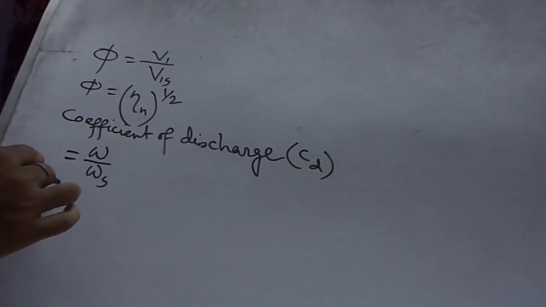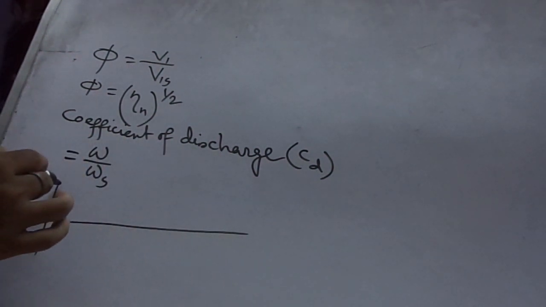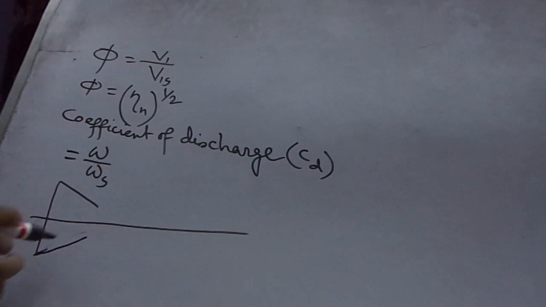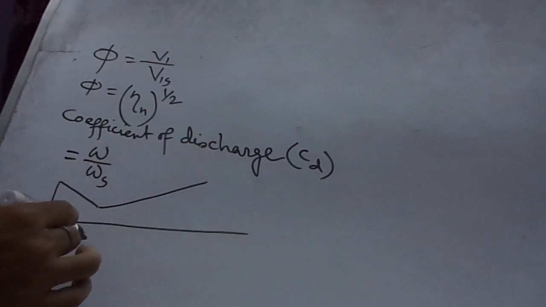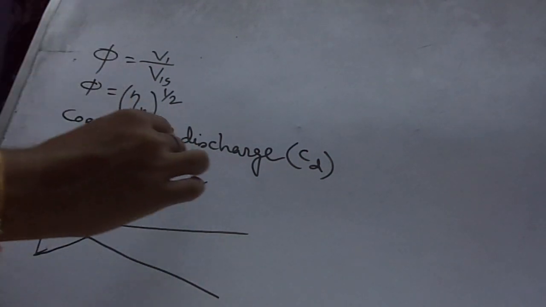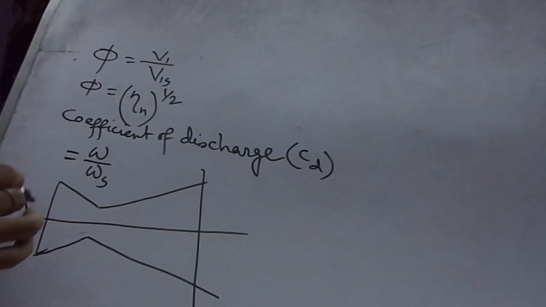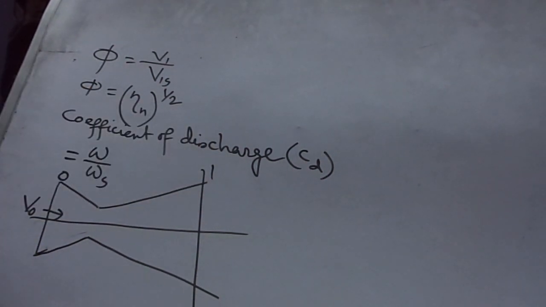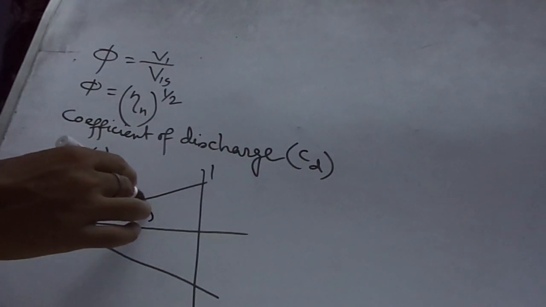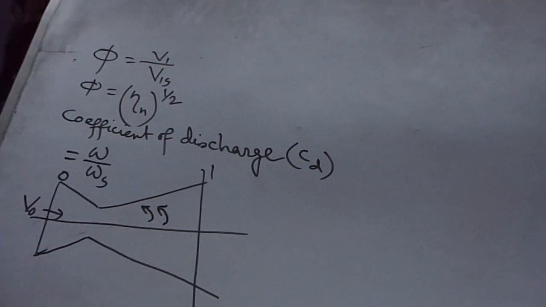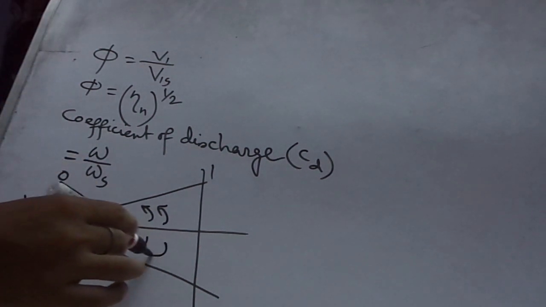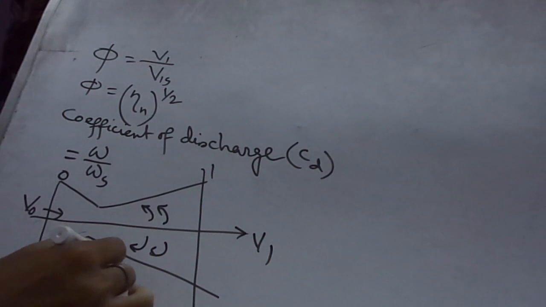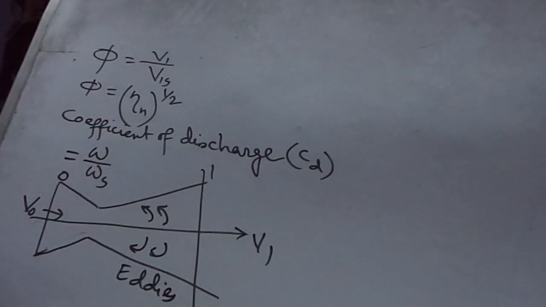Okay, if you draw the diagram, this is V0, and this is the actual flow, V1, and the isentropic flow, V1s.